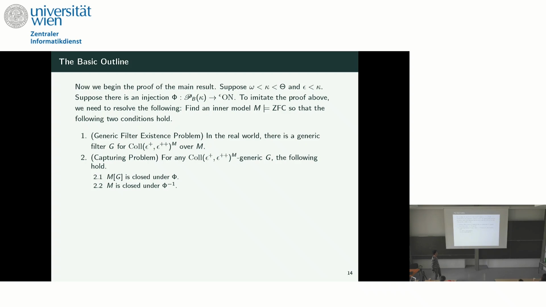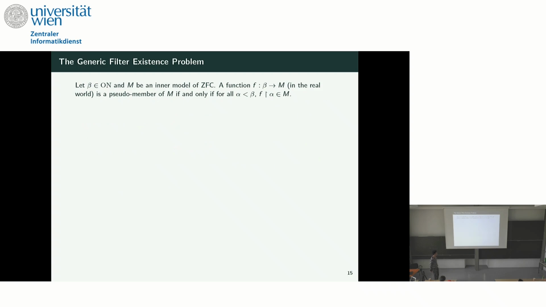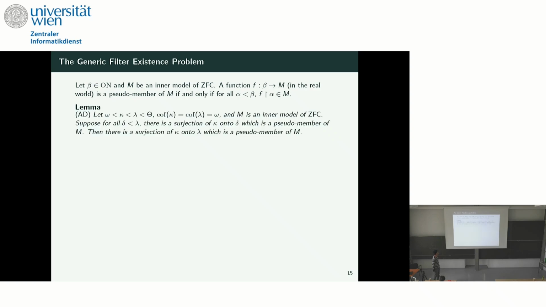So let's address the filter existence problem first. Let beta be an ordinal and M be some inner model of ZFC. Let f be a function in the real world from beta into M, and let's call it a pseudo member of M if for every alpha less than beta, the initial segment f restricted to alpha is in M. Assuming some appropriate form of countable choice, let's say kappa and lambda are less than theta, the cofinality of kappa and the cofinality of lambda is omega, and M is an inner model of ZFC.